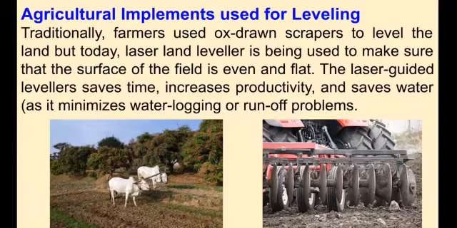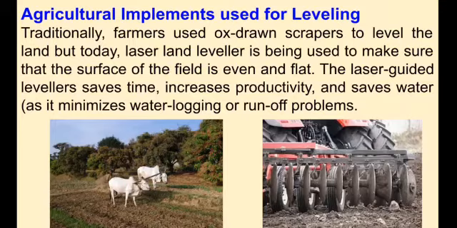So traditionally farmers used an ox-drawn scraper to level the land, but today laser land levelers are being used to make sure that the surface of the field is even and flat. As we have discussed, we need a uniform, flat surface, right?